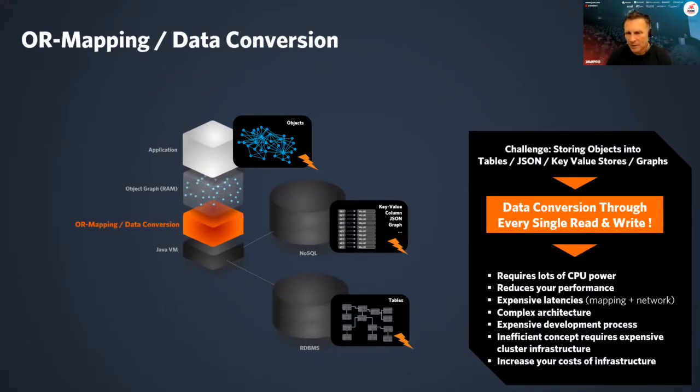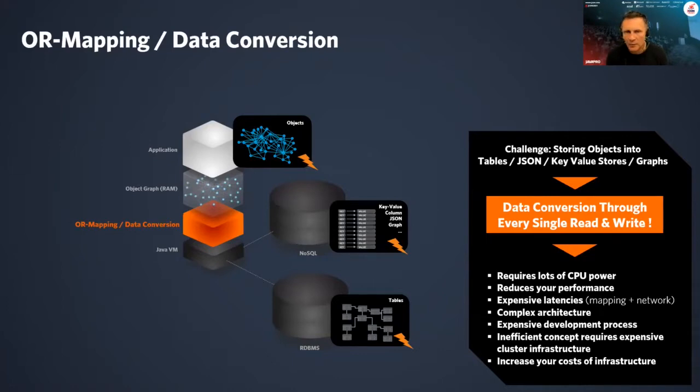Imagine if you have to convert a video, it's always a latency, and it takes computing time. And it's the same on a server when you access a database: through every single read and write, the data has to be converted behind the scenes. So we have a latency here.